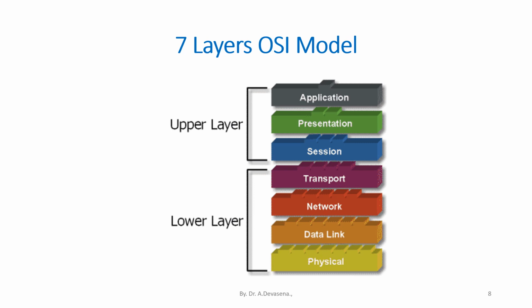The lower 4 layers, that is physical layer, data link layer, network layer, and transport layer, are also called hardware layers. The upper 3 layers, session layer, presentation layer, and application layer, are called software layers of the OSI model in both the sending and the receiving computers.